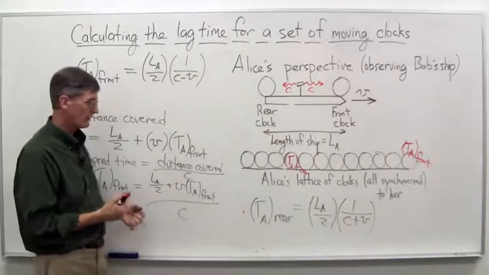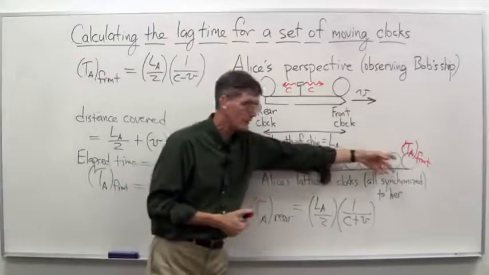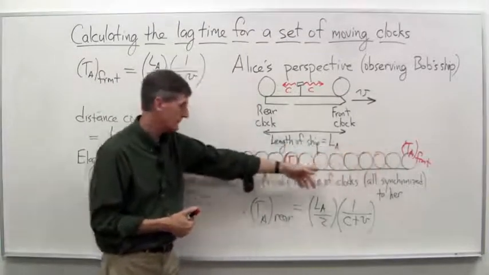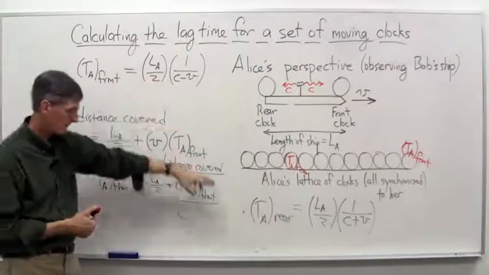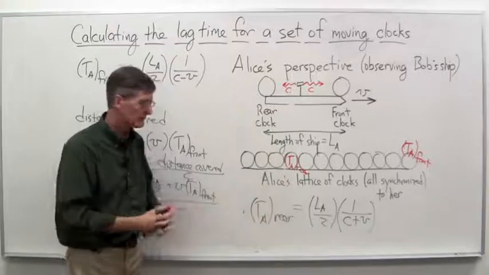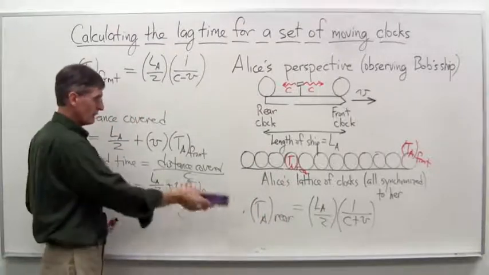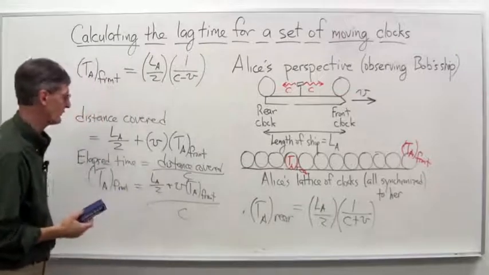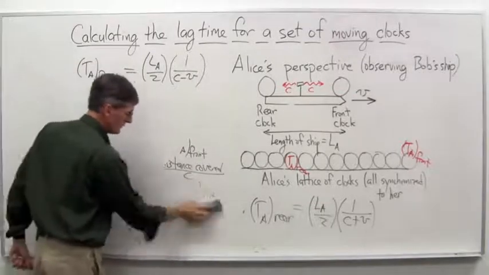If we got the opposite, it wouldn't make sense because we know TA front is later in time than TA rear. This is saying that the value of TA front is bigger than the value of TA rear. So that checks at least. It doesn't mean we couldn't have made some other mistake, but at least we did that check and it's consistent. So we're almost there.